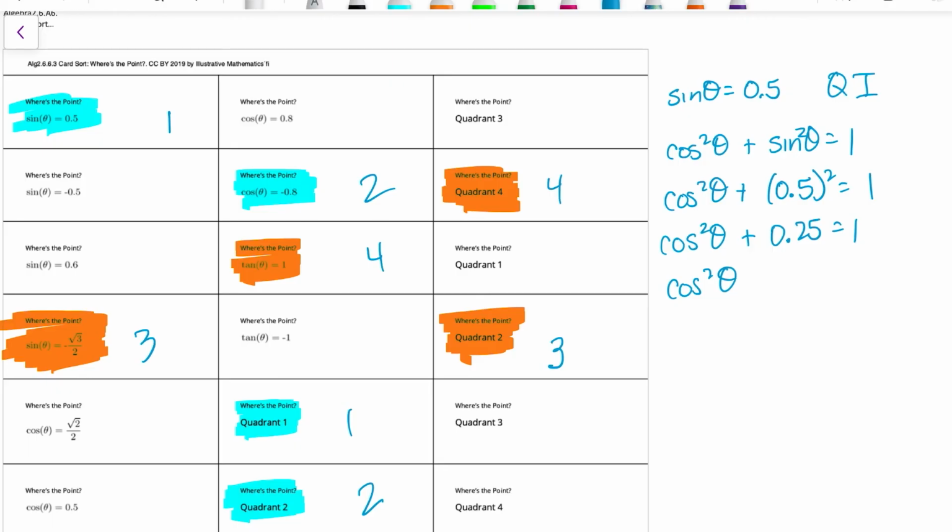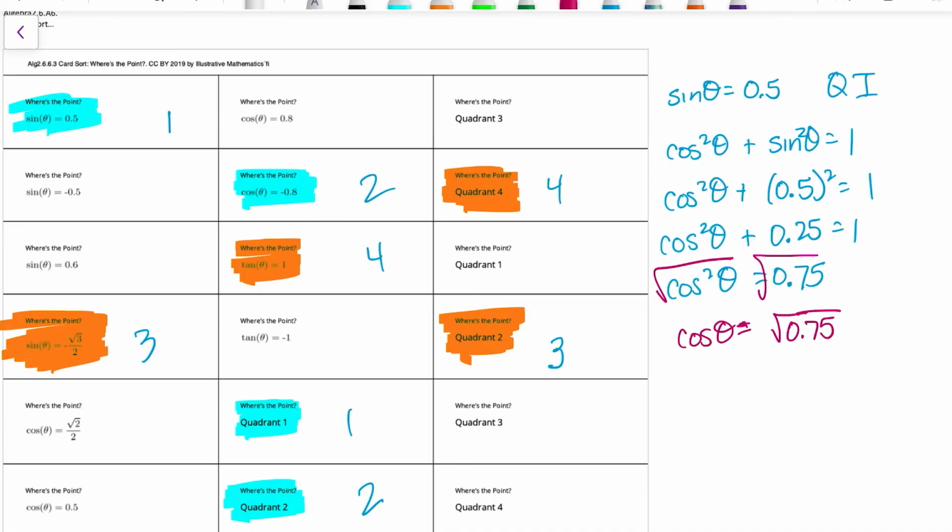We're going to subtract that 0.25, so that equals 0.75. And then take the square root. Since we're in quadrant 1, it's going to be positive. So cosine of theta equals, we're just going to leave that as the square root of 0.75 because that is an irrational number.